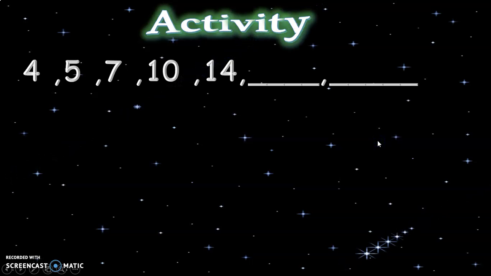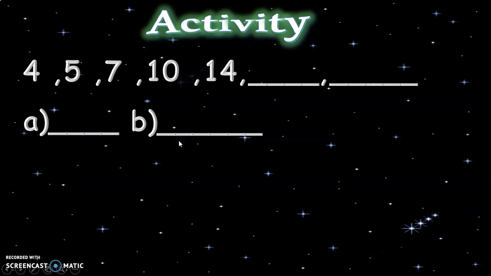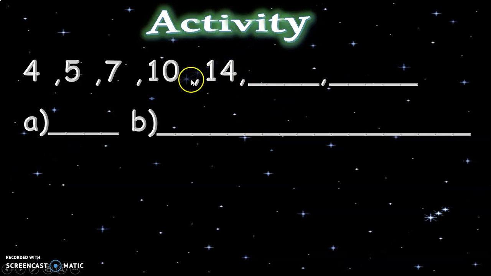Using the same pattern, A, B, C, we need to answer A, the type of sequence, B, the term-to-term rule, and on these two lines we need to get the next two terms. So 4 to 5, as you see, the difference is 1. 5 to 7, the difference is 2. 7 to 10, the difference is 3.